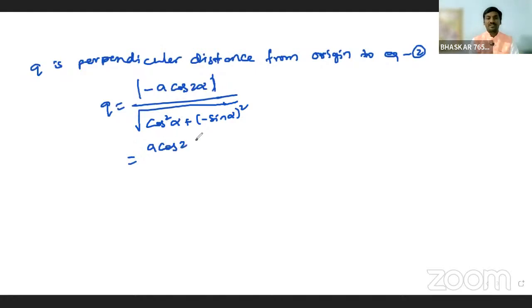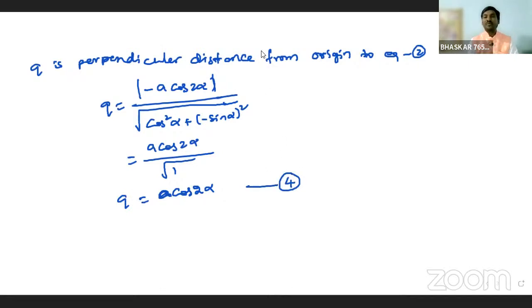So a cos 2 alpha divided by the root of cos square alpha plus sin square alpha, which is 1. So the value is a cos 2 alpha. This is the value of q. Take it as equation number 4.